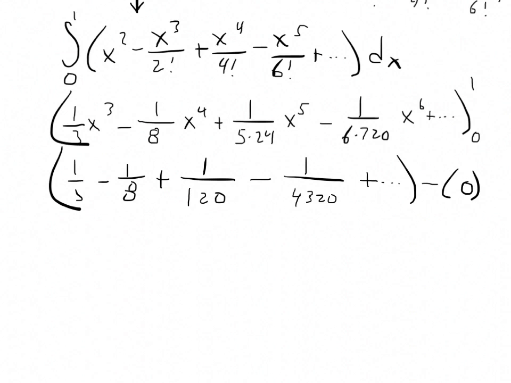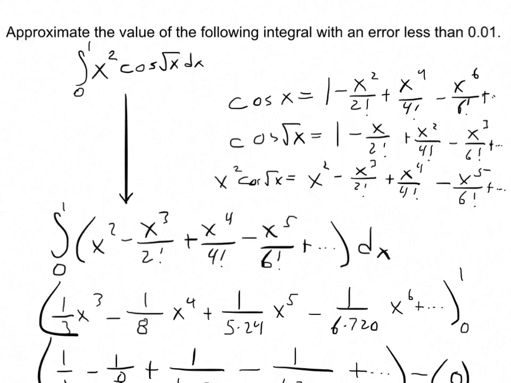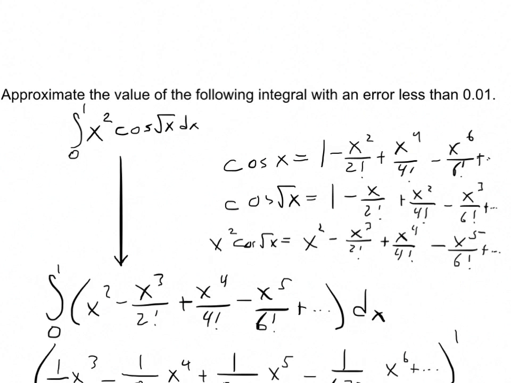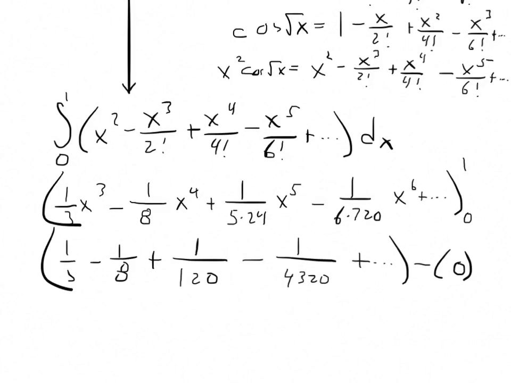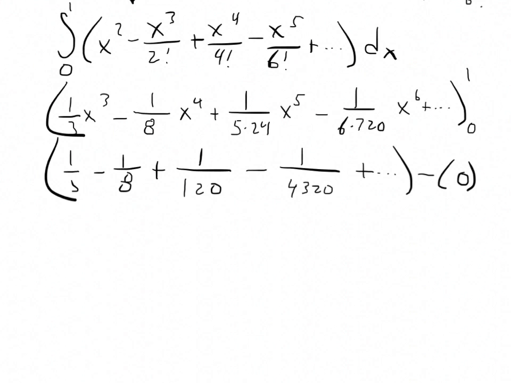And what I want is I want my error to be less than, I think we said in the problem, 0.01. Well, we're in luck. This thing is an alternating series, so I just have to keep going until I find a term that's less than 1/100th.